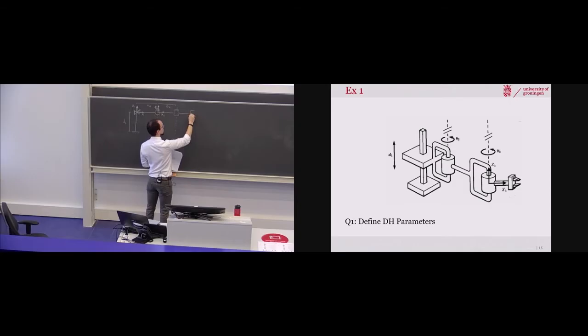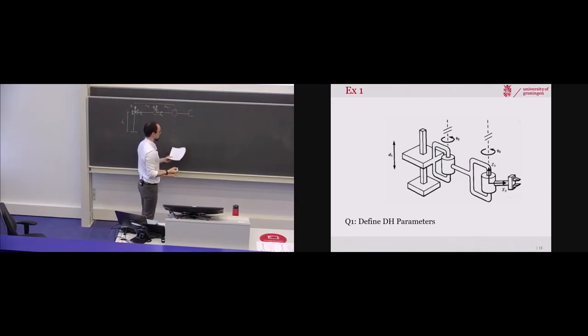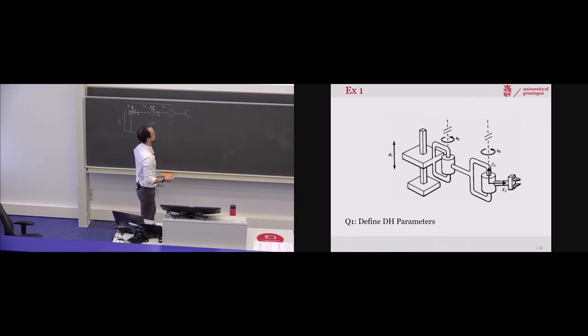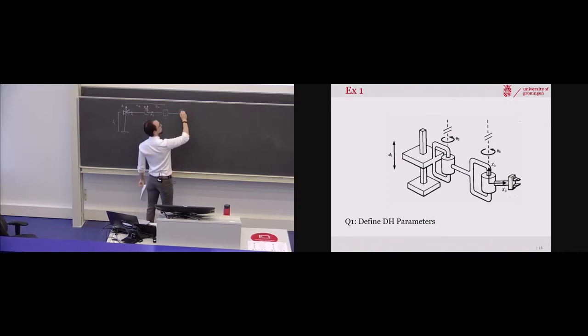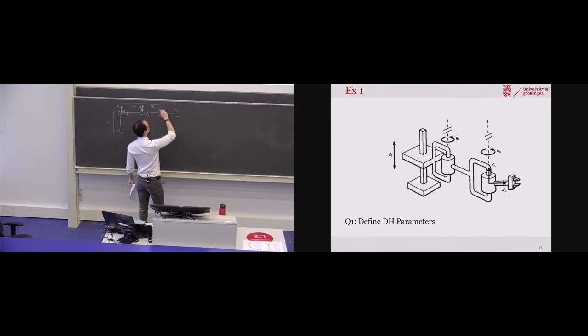The text of the exercise tells us that it has to align with the third frame. So the third frame is placed like this. It's already given for us, X3.